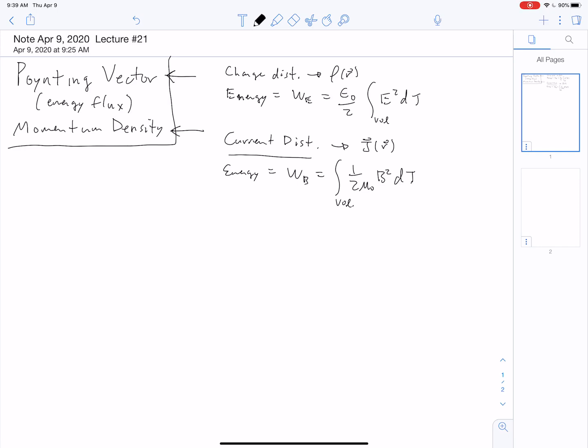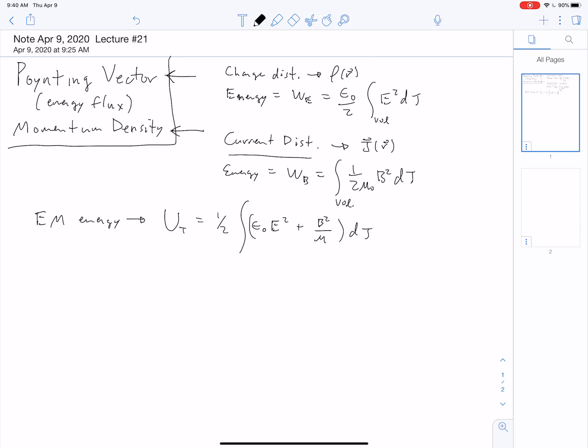And so we can see that the electromagnetic energy is stored in both the electric field and the B field. We can think of the total electromagnetic energy in some region of space, I'll call it U, as equal to the integral of these energy densities: the electric field energy density plus the magnetic field energy density, integrated over volume.